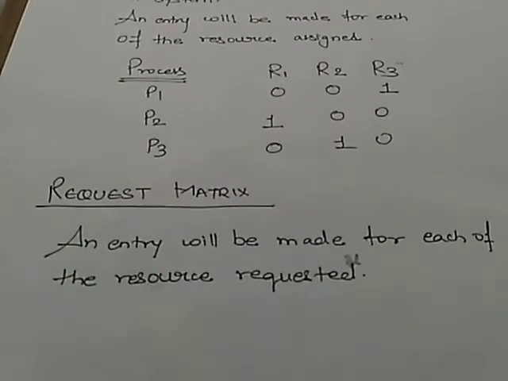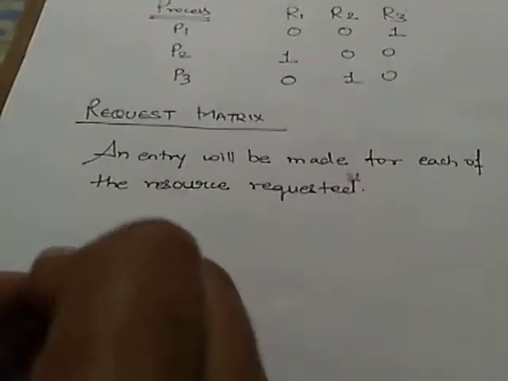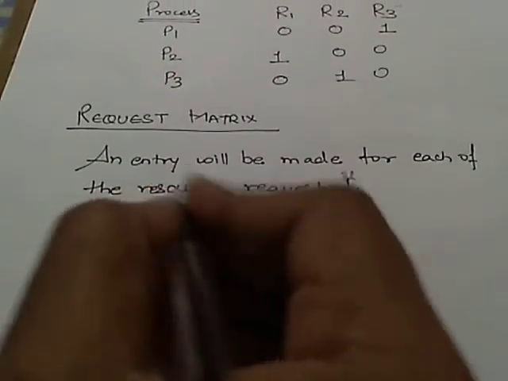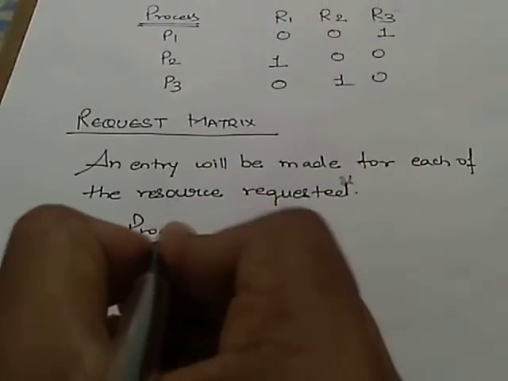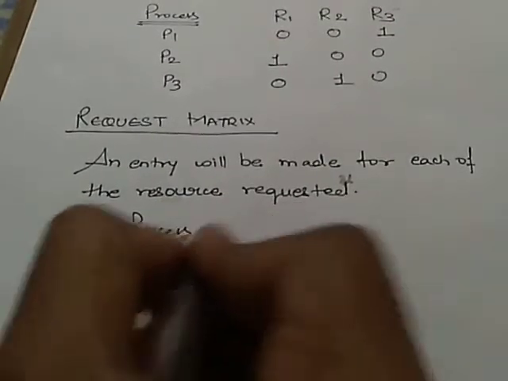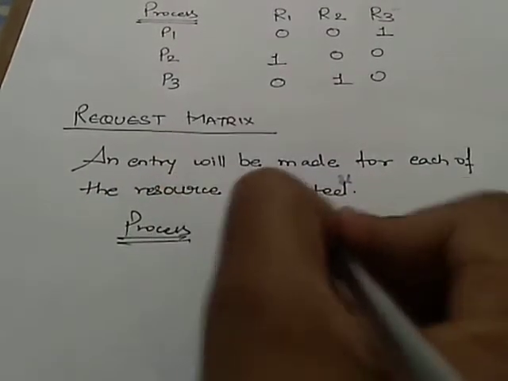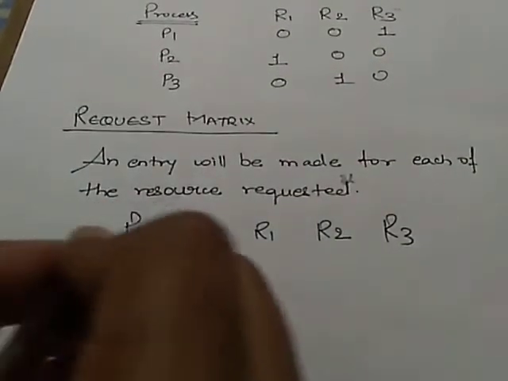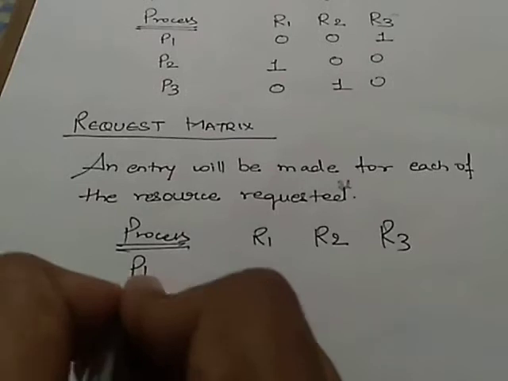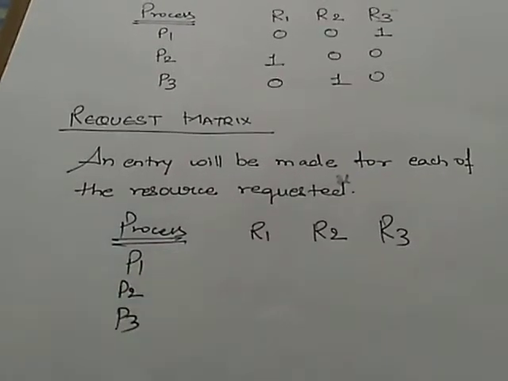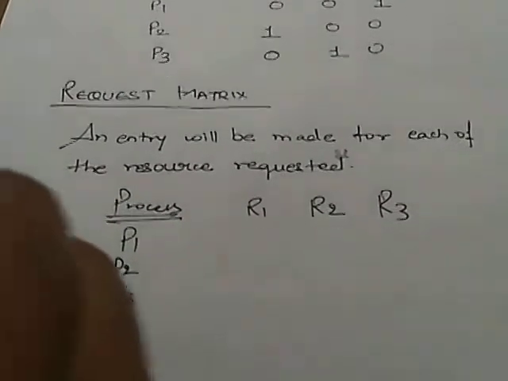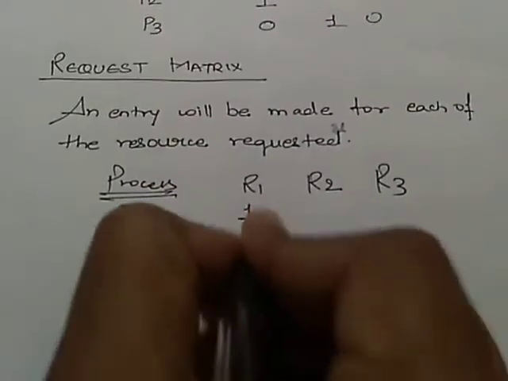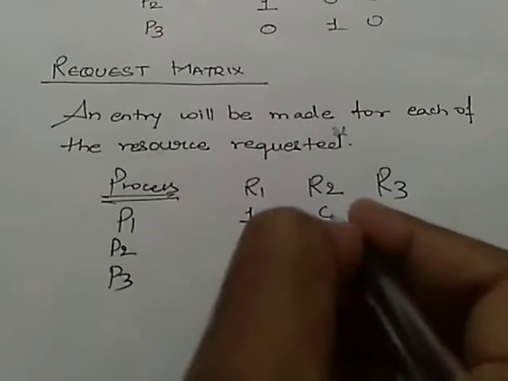Now let us create a request matrix. We have processes P1, P2, P3 and resources R1, R2, R3. Now P1 is requesting resource R1, so we have to put 1 here and 0 here.